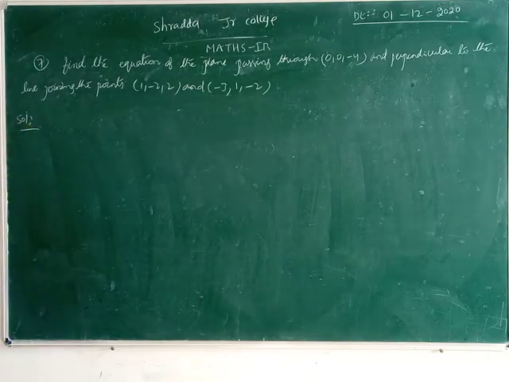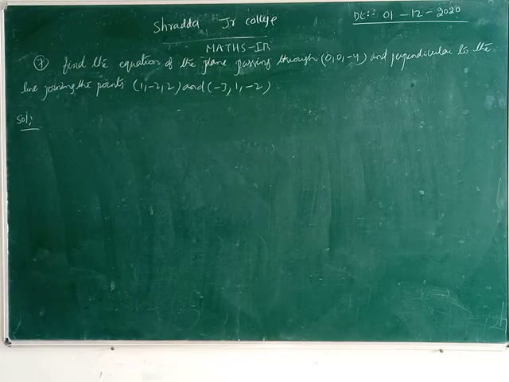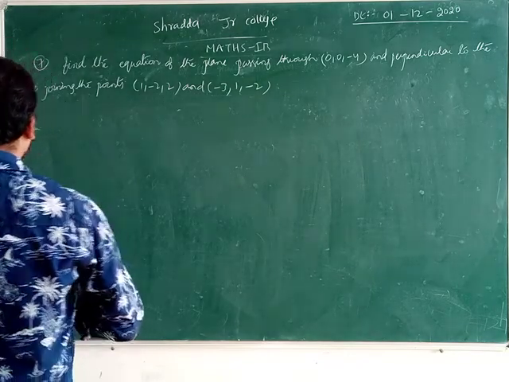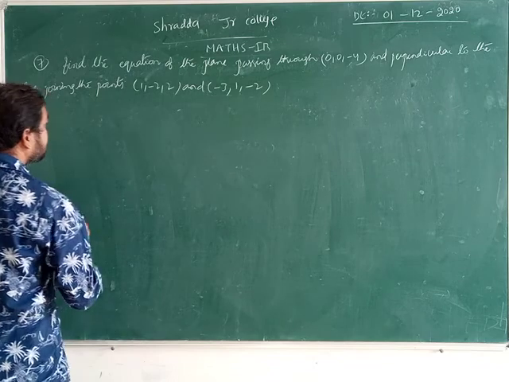See now, here what is given? Find the equation of the plane passing through the point 0, 0, minus 4 and perpendicular to the line joining the points.